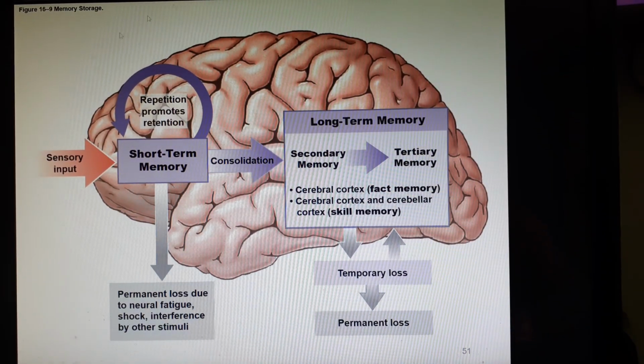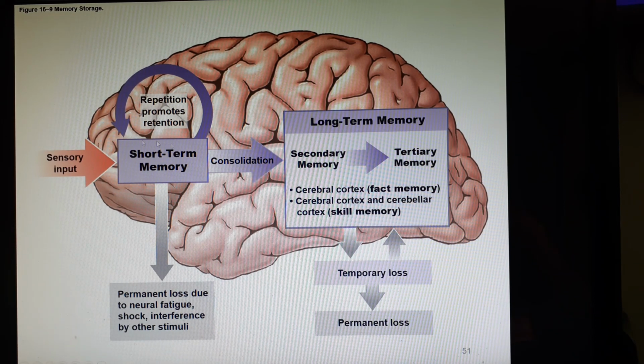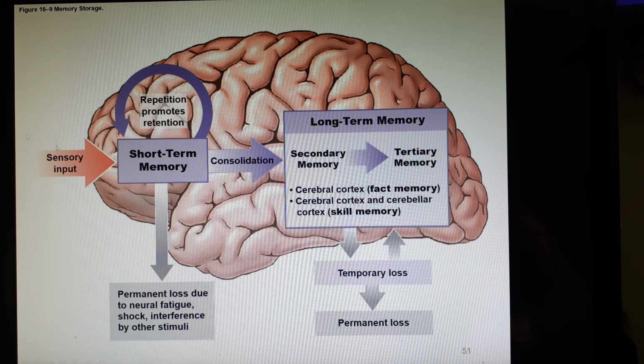Okay, so again, we're talking about mostly the cortex, that thin layer of gray matter on the surface of the brain. And so everything that you see and hear and experience is coming in through your senses, and it sits first in short-term memory. If you repeat it, it tends to promote retention in short-term memory and helps consolidate it. If you do not consolidate anything that comes into short-term memory, it is permanently lost due to neural fatigue, shock, or interference by other stimuli that take its place.